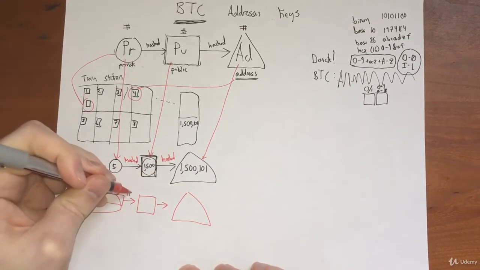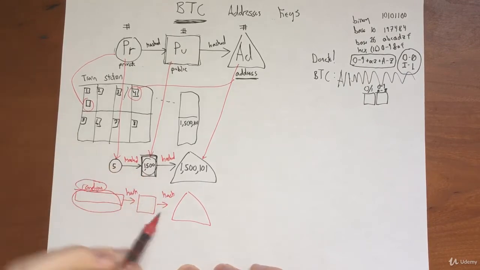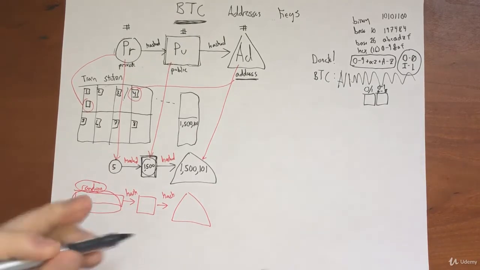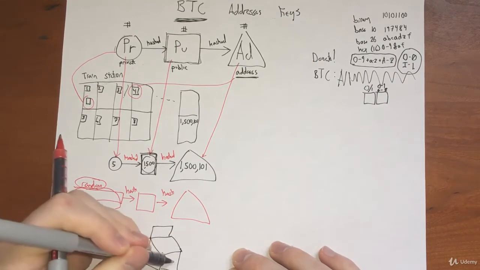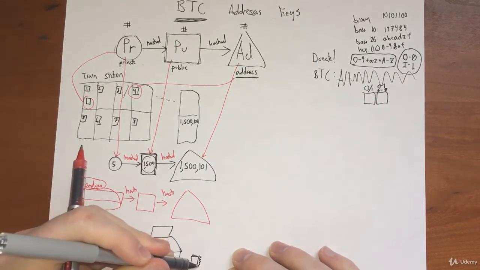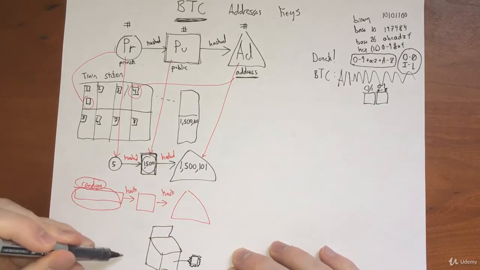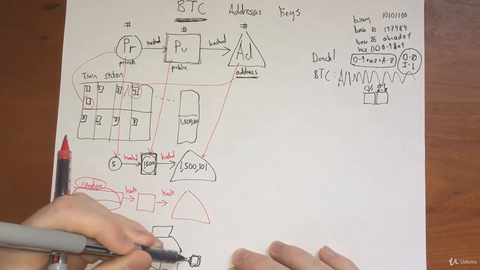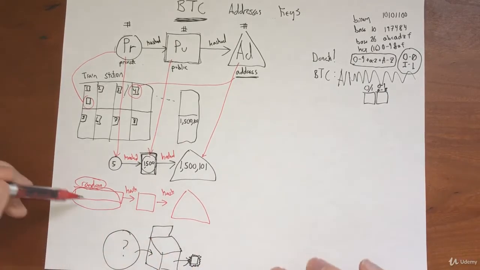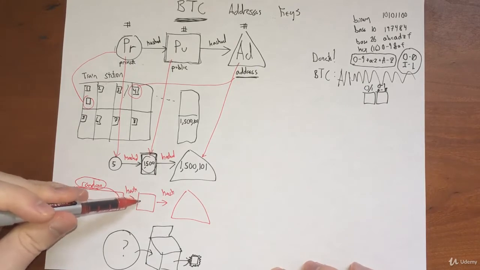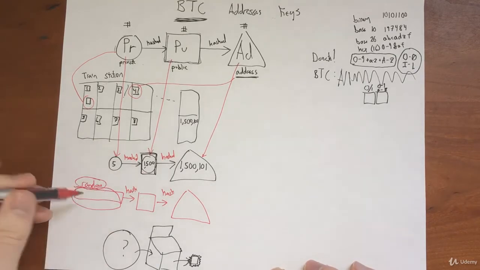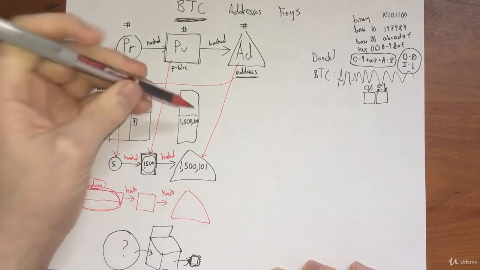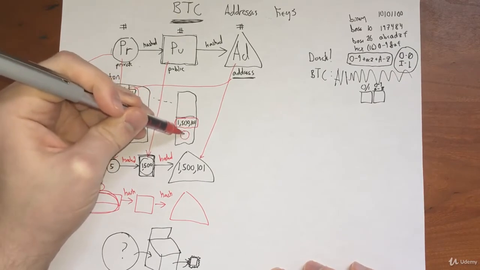And the key is, remember with hashing, you can't go backwards. You can't figure out what the input to the magic black box is that gives you that output, that postage stamp hash result. You have no idea what went into it to create that output. So you start with your private key, you hash it to get your public key, you hash it again to get your address, and now you know, okay, this number unlocks this locker, which contains this Bitcoin.